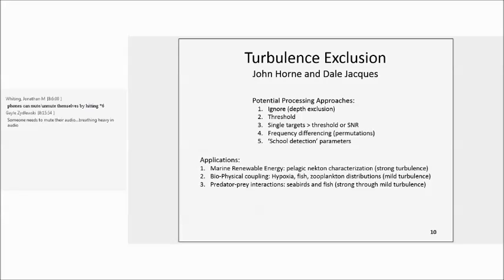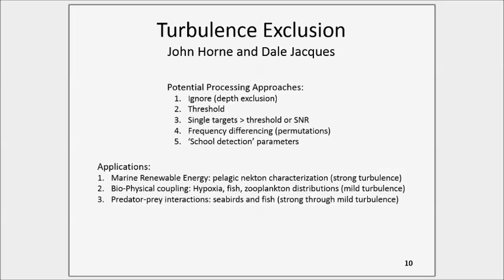The initial effort for this was done in a marine renewable setting. We were trying to characterize the water column fish and macrozooplankton in the presence of strong turbulence, and for us it wasn't necessarily just storms. Tidal states coming through the passage where we were sitting certainly had a variable amount of turbulence as it went through.